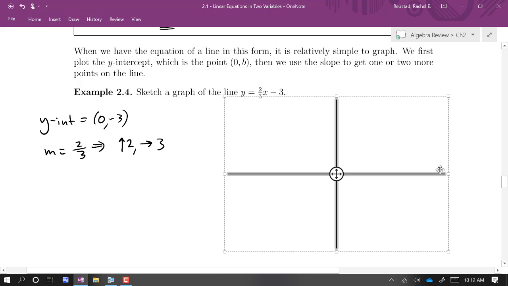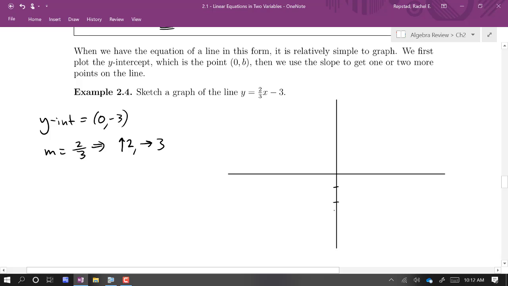So let's see this work out. My y-intercept is -3, so there's that point. And then I'm going to go up 2 and over 3 to get my next point.